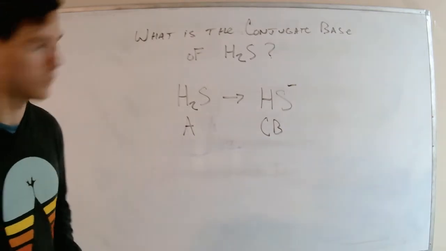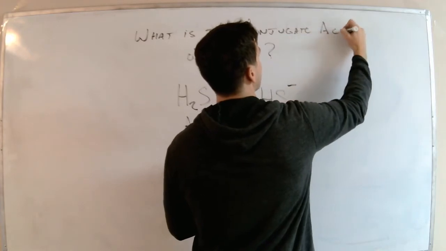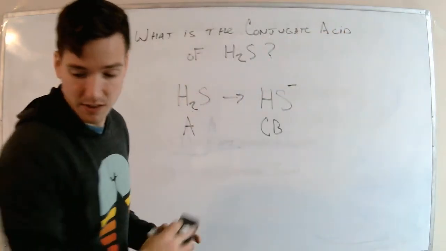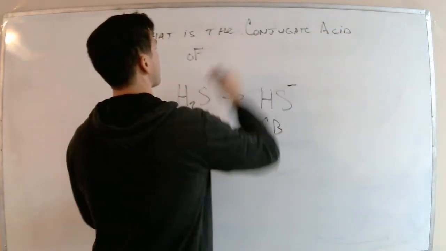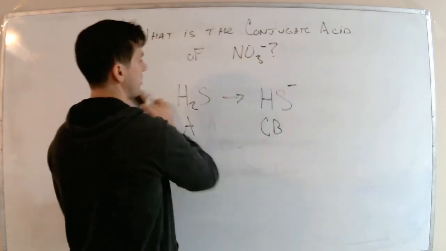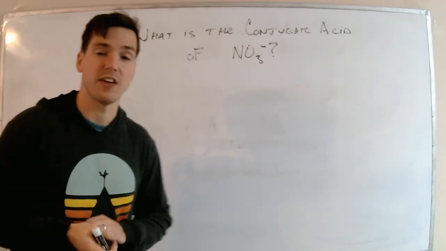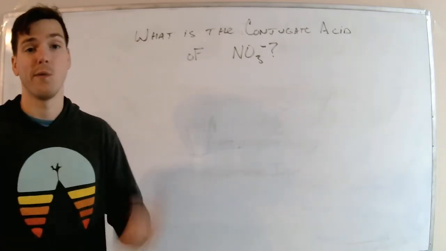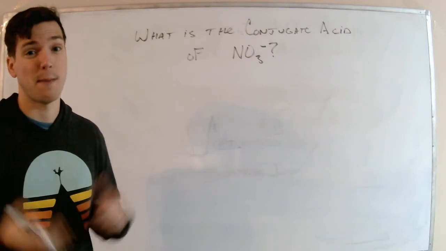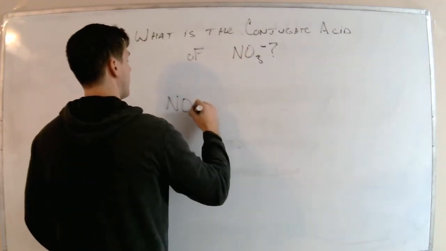What about this one? Let's switch it up now. What is the conjugate acid of NO3-? What is the conjugate acid of NO3-? Well, remember what goes with conjugate acid? Base. So that means we must be treating this guy as a base.